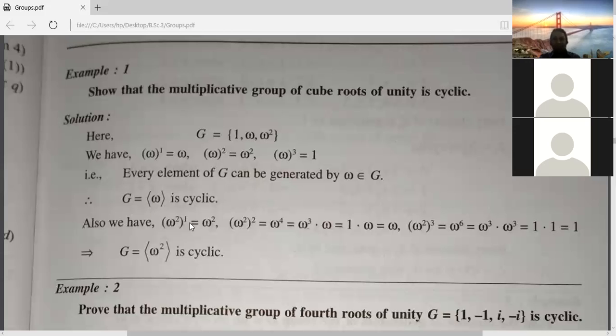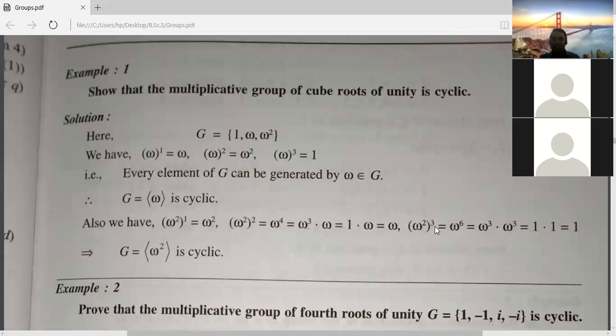Similarly, you can see omega square to the power 1 is omega square. Omega square squared gives omega to the power 4; a to the power m to the power n is a to the power mn. Then omega cube into omega, which is 1 into omega, equals omega.